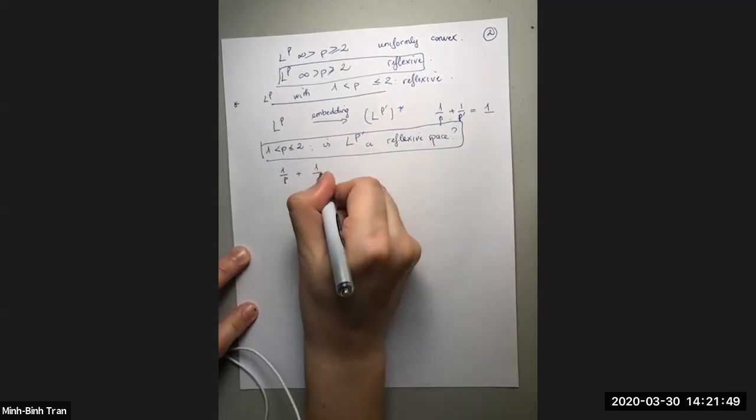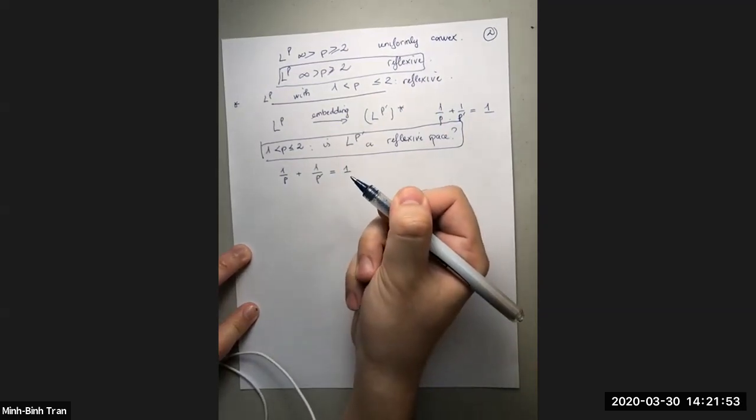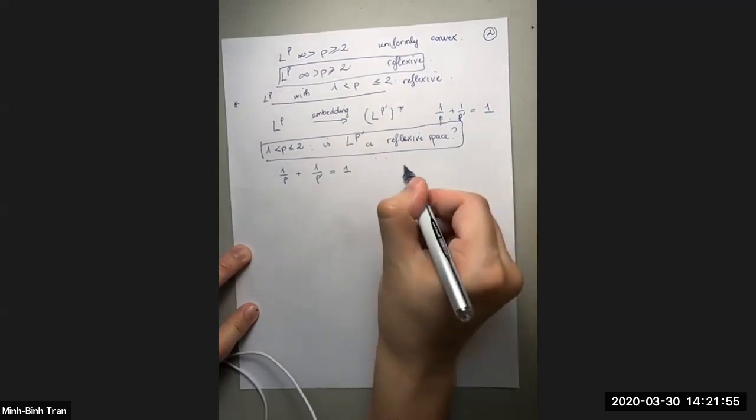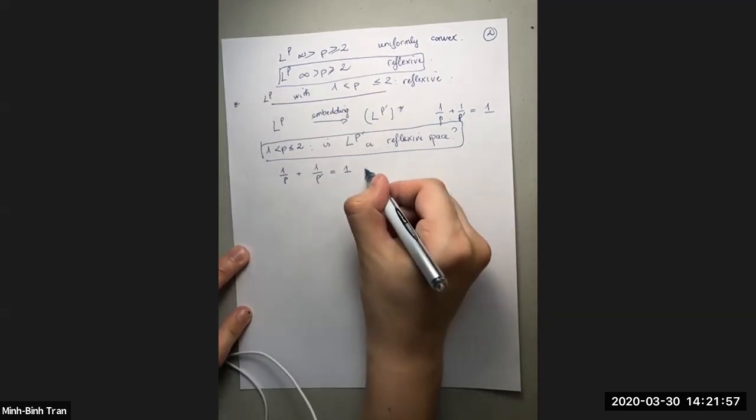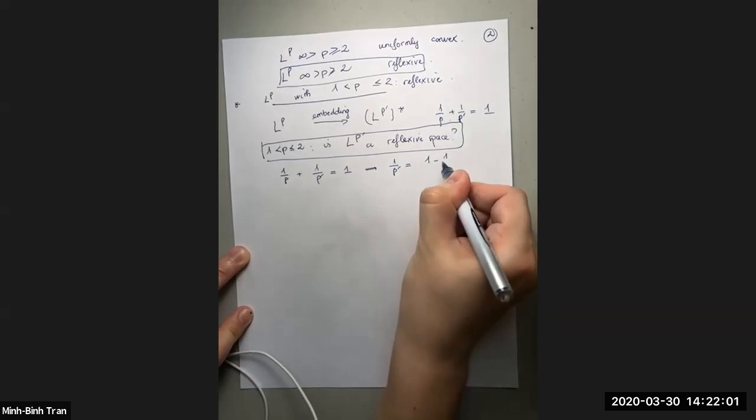You know that 1 over p plus 1 over p prime is 1, meaning that 1 over p prime is 1 minus 1 over p.